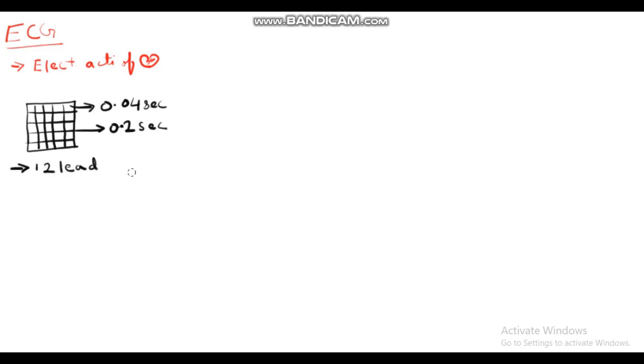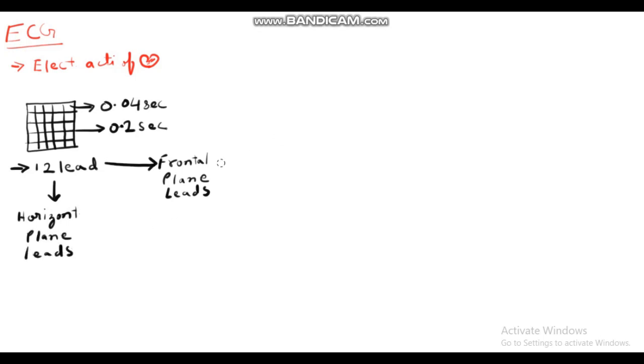There are 12 conventional leads in a 12 lead ECG, which are usually divided into two groups: the frontal plane leads and the horizontal plane leads.